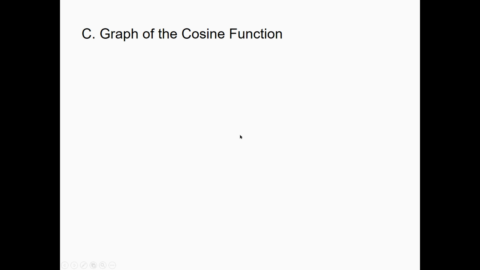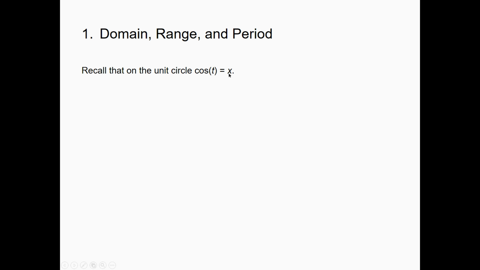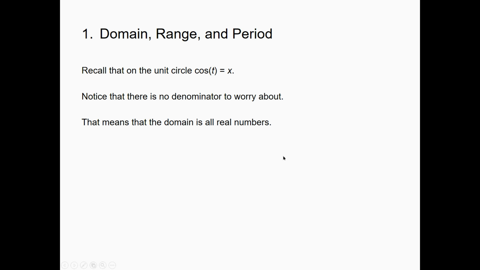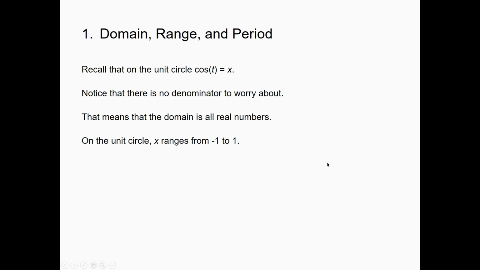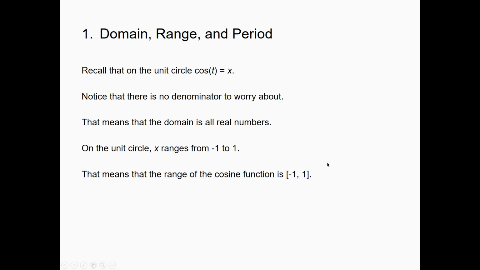The graph of the cosine function. Remember that on the unit circle, the cosine of t is x. No denominator. So domain is all real numbers again. Now, on the unit circle, x went from -1 on the left, kind of the west pole, to +1 on the right, the east pole. So the range is the closed interval from -1 to 1.